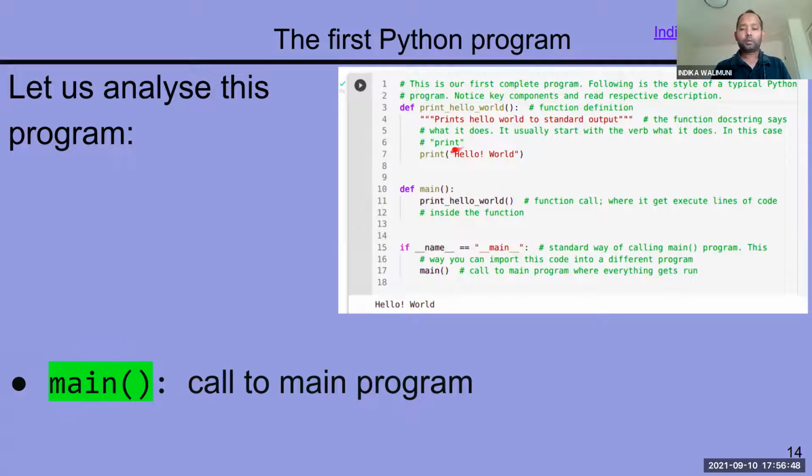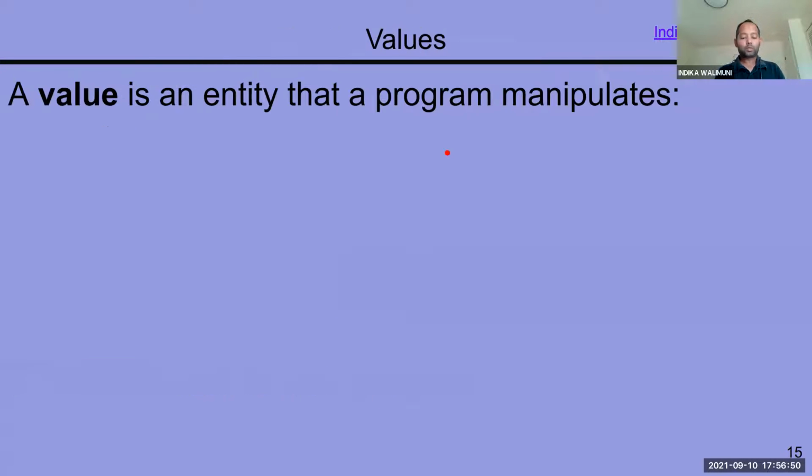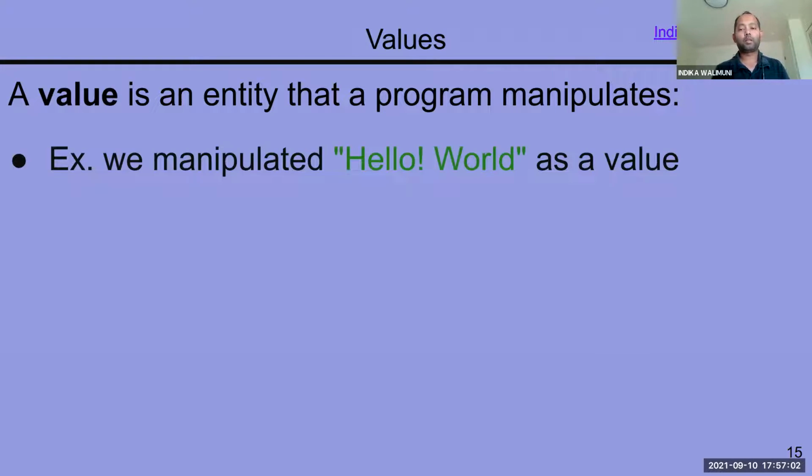Values are the entities that the program manipulates. Sometimes we interchangeably use the term object. Like I said earlier, we manipulated hello world as a value. We passed it into the function and printed it to the output. So we manipulated it.